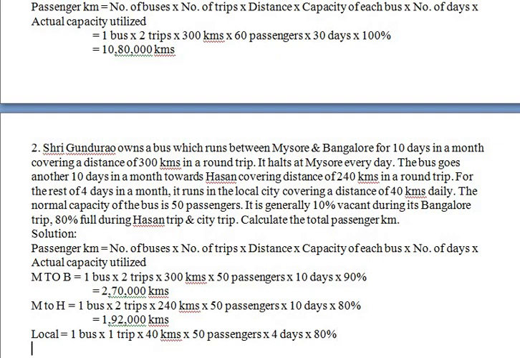Okay. Again calculate this. That is 8,000 kilometers.